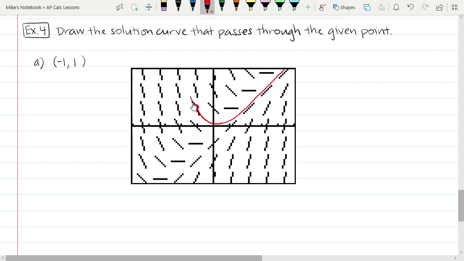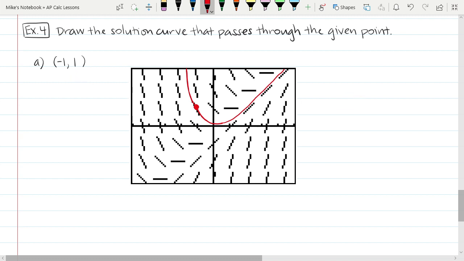So that means I'm going to go slightly steeper and then slightly steeper. So this right here would be my example of a solution curve in this slope field that passes through the point -1, 1. I cannot emphasize enough, you must make sure that you start at the point that your curve is supposed to pass through. Do not overlook that, okay?